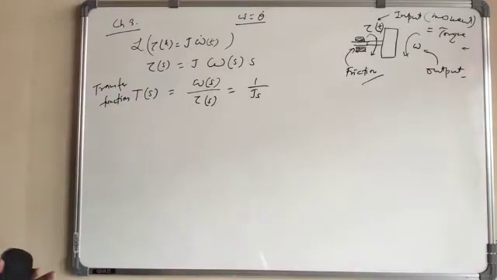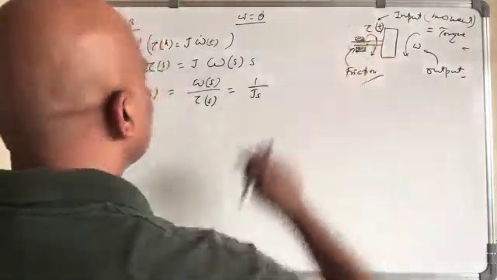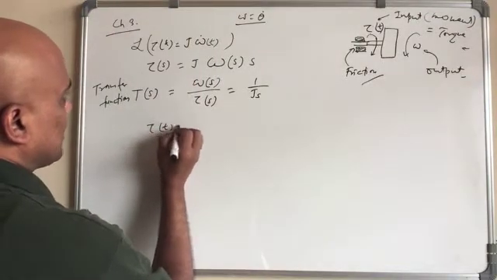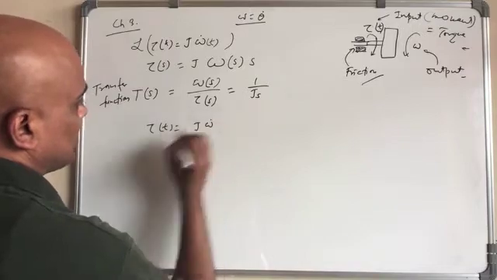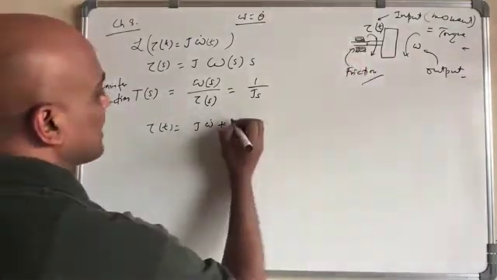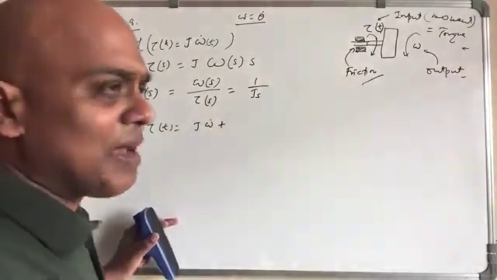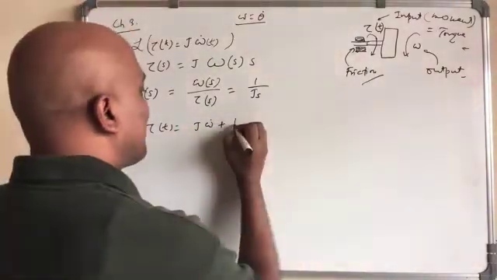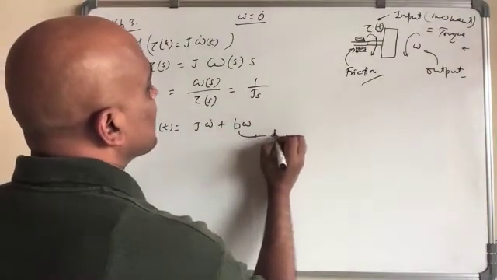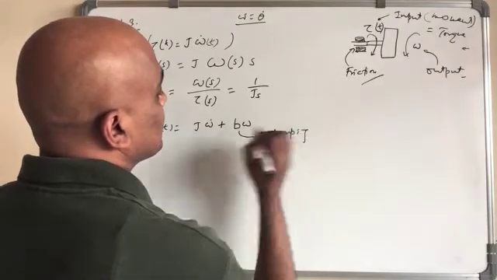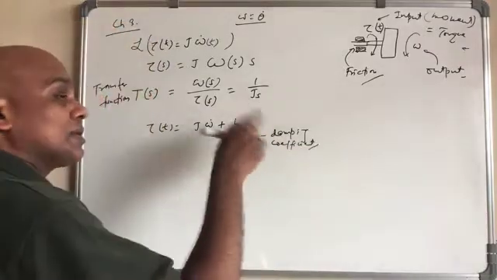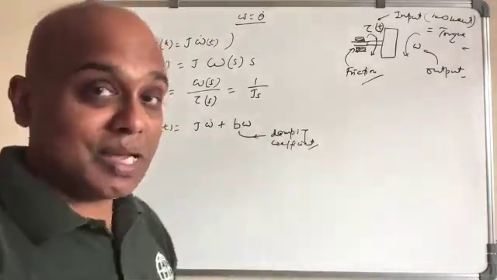Now, if there is friction here, then the equation will be tau(t) is equal to J omega dot plus, maybe some C kind of thing will come into the picture, right? So damping, so write B omega, where B is the damping coefficient for the rotational system, it's not a linear system.